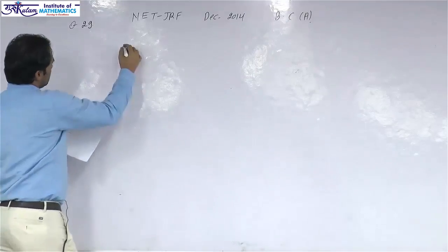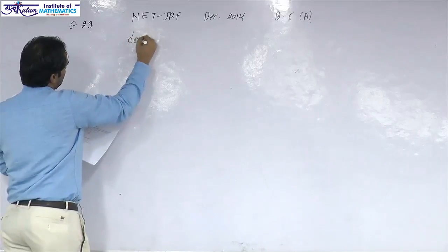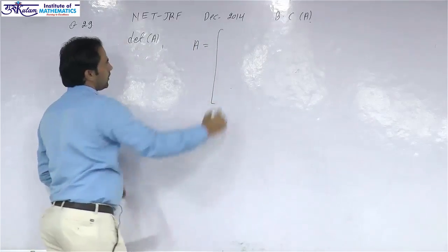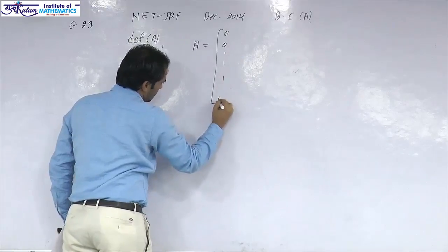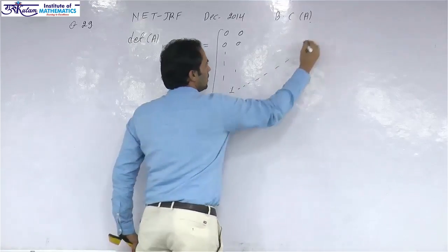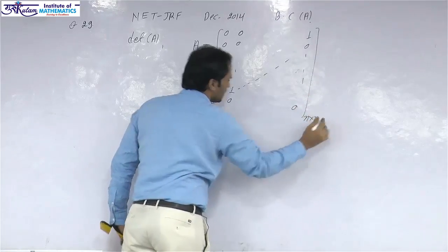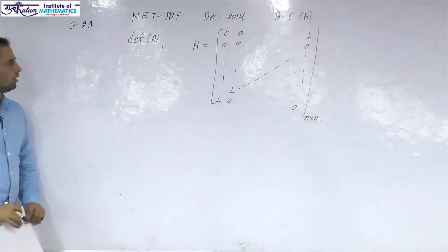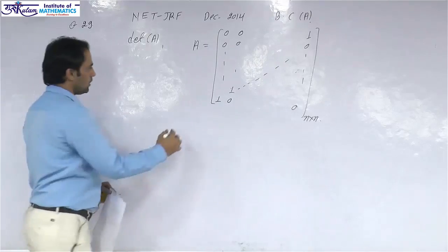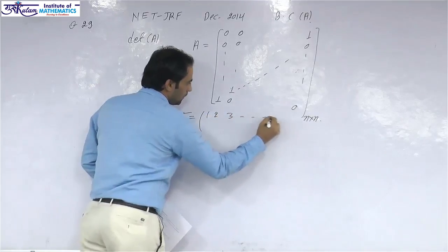The question is: the determinant of the matrix A, where A is the matrix given by 0 0 0, last entry 1, 0 0 0, 1 and 0, that is 1, and remaining entries all are 0. So this A is an n cross n matrix. What is the determinant of this A? Again, you can see that this matrix is a permutation matrix. Corresponding to this matrix, the permutation is the image of 1, 2, 3 up to n.